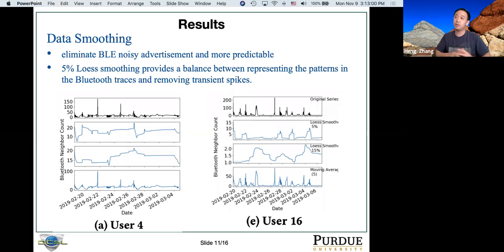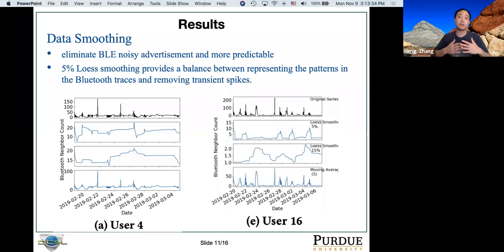So we apply a smoothing technique to eliminate those noises. If you look at the figure here, the first row is the original raw time data of the BLE signals from 2 users. The second, third and fourth rows are techniques we apply to smooth the data. Specifically, we apply lowess 50% smoothing, lowess 15% smoothing, as well as a moving average. For the lowess smoothing, you can think of it as the higher the number, from 5% to 50%, the more aggressive the smoothing of the data.